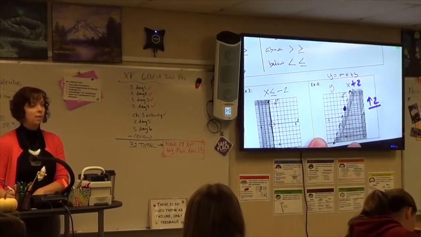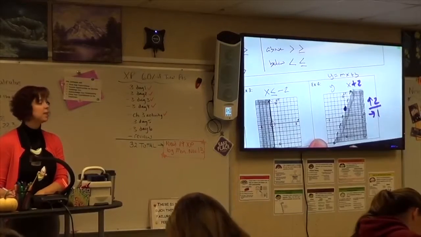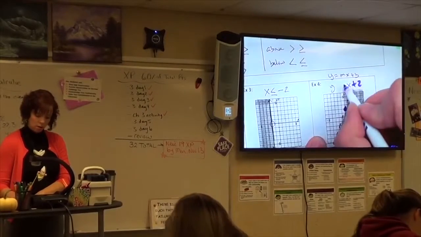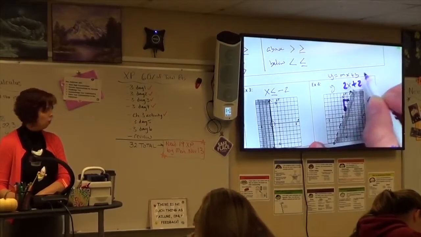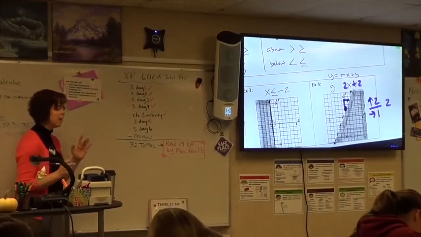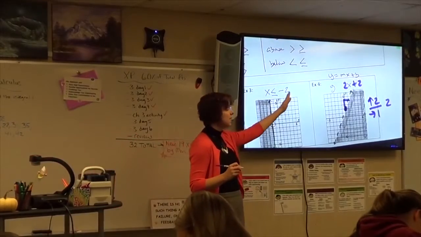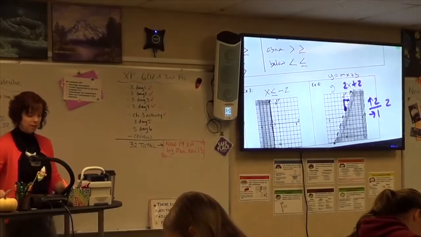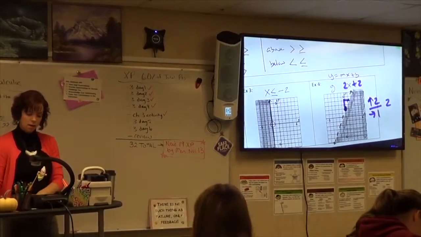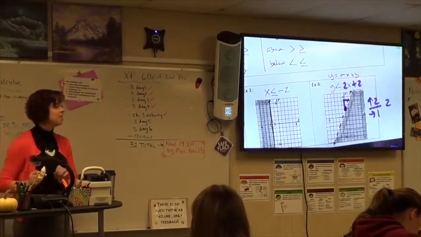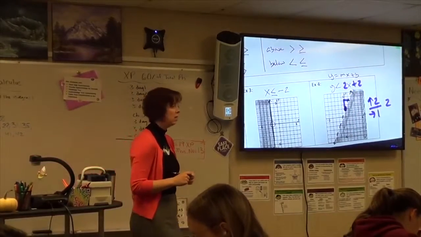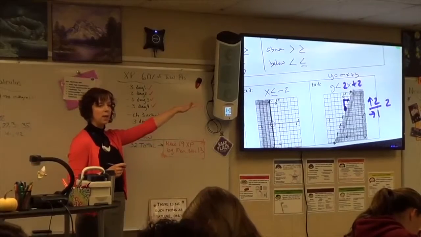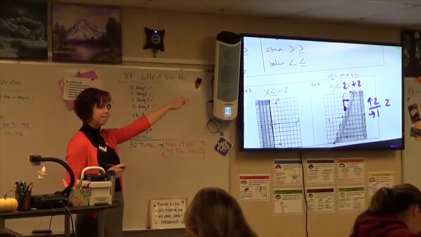Up 2 over how much? 1. So it's going up 2 and over 1. Now we have to make decisions about our symbol. Is this below or above the graph? Below. So what symbol is below? Less than. Does this get the solid equal to line? No.